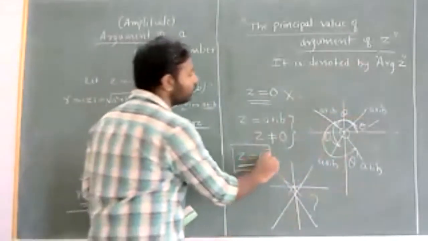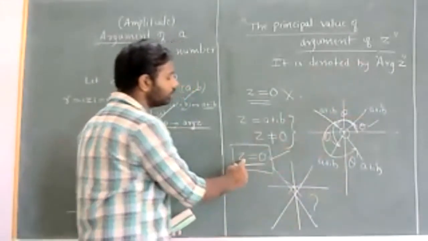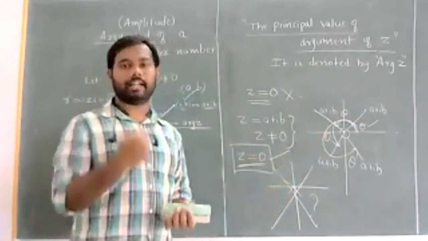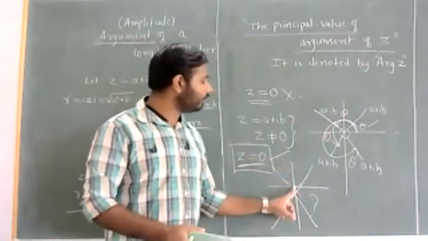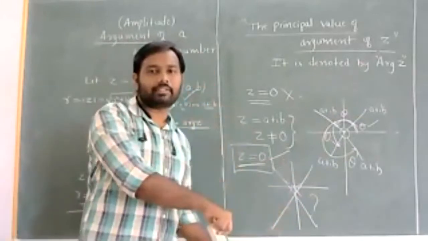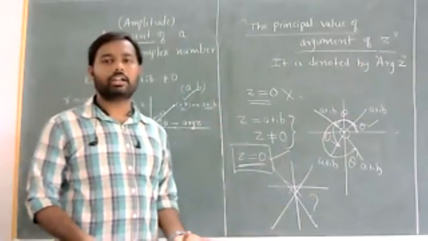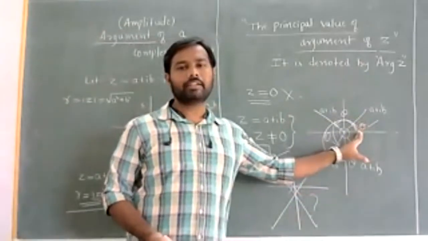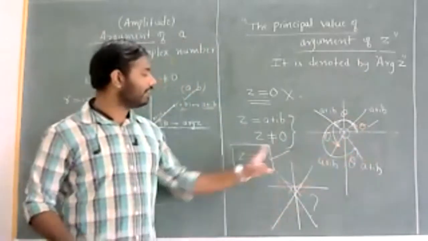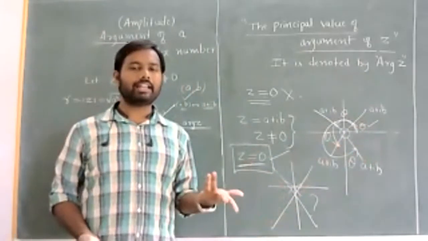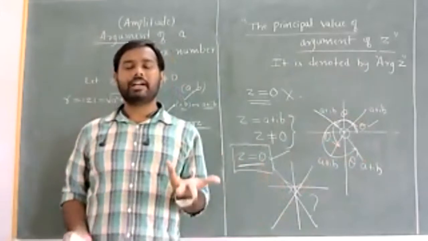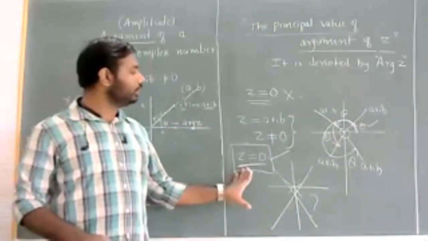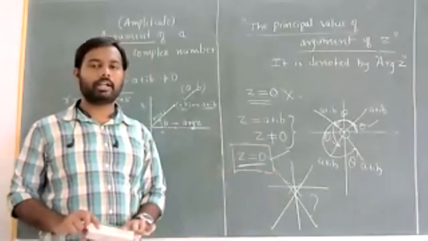But if I allow z to take the value 0, then how can I draw that line from the origin to itself, and in what direction? So there will be no fixed theta. I will not get a well-defined value for theta. Hence we'll exclude 0 in defining argument of z.